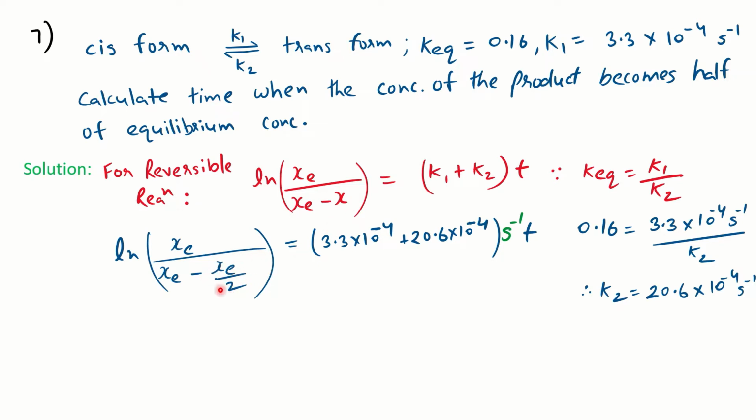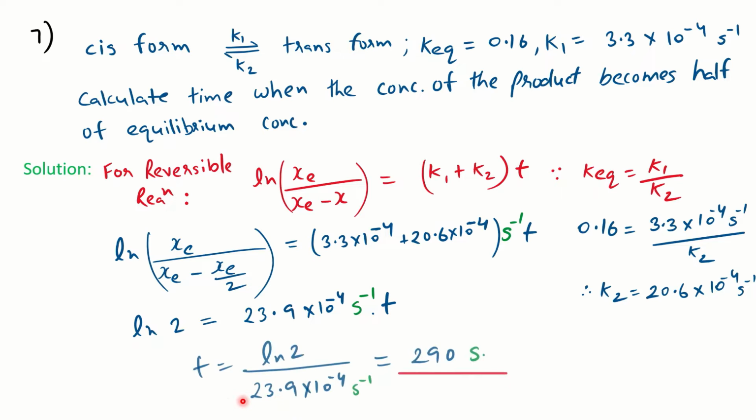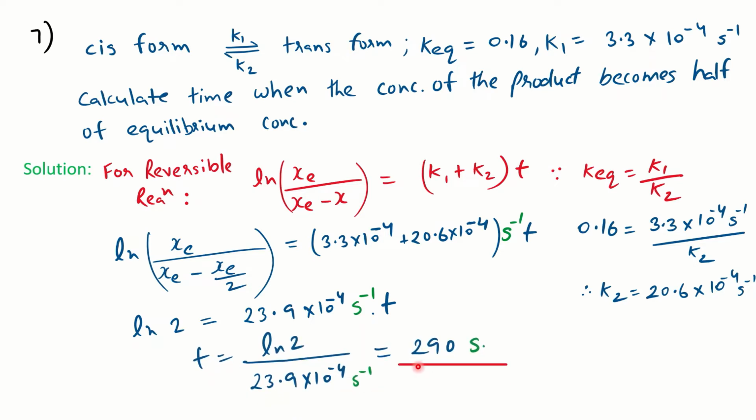K1 and K2 you have now, K2 you have calculated in per second, T is there. So you can solve this equation. After solving this, you can calculate T, which comes to 290 seconds, and this was the answer for the given problem.